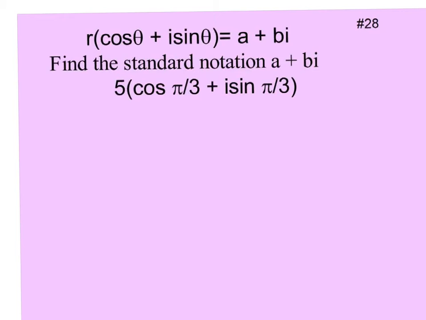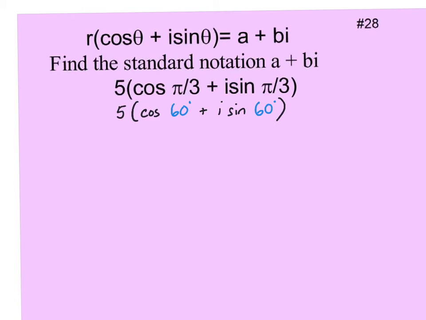If you get a situation where your original question is listed in radians, change it over. Multiply by 180 over pi and simplify. If you didn't already know that pi over 3 is 60 degrees, you do now. We are in quadrant 1 with a 60-degree reference angle.